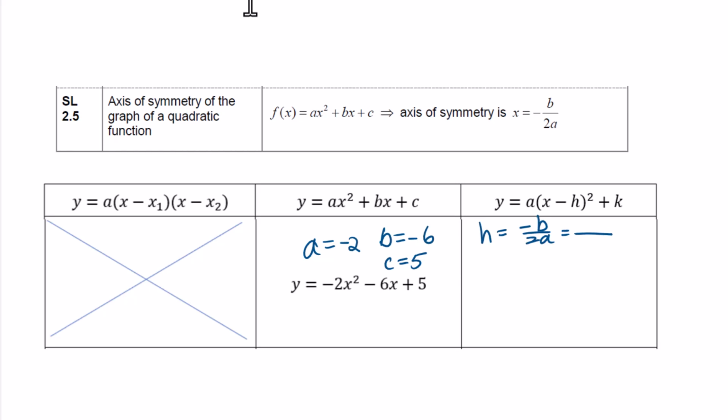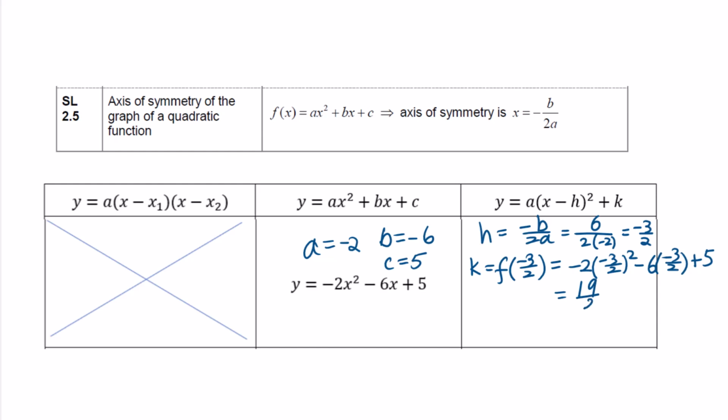Negative b is the opposite of b, positive 6 over 2 times -2, equals -3 over 2. k equals f of -3 over 2 equals -2 times (-3 over 2) squared minus 6 times (-3 over 2), then plus 5, equals 19 over 2.